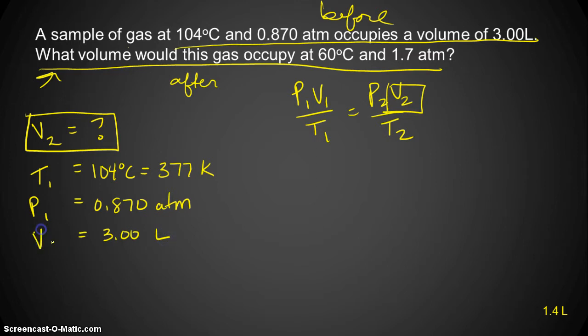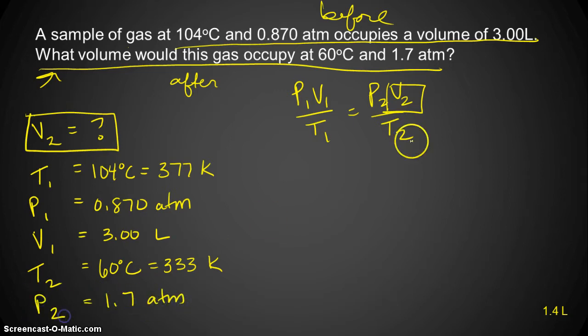Liters is volume, and that happens to be my before volume. They want to know what volume I will have at 60 degrees Celsius. That is a temperature, my second one, but I need to convert it to Kelvin, which is 333 Kelvin. And then I have 1.7 atmospheres, and that would be my second pressure.